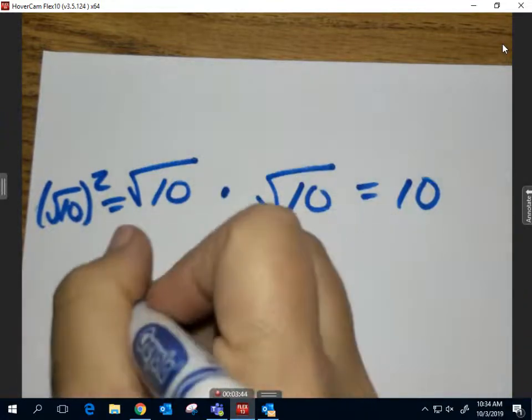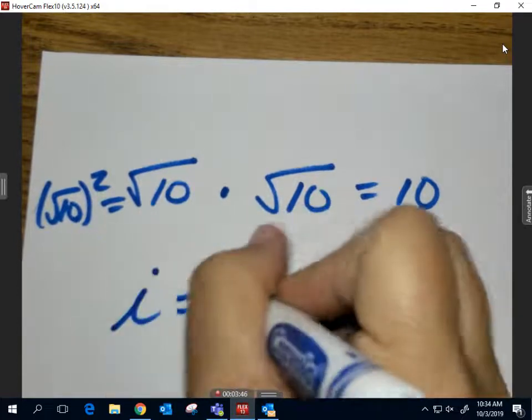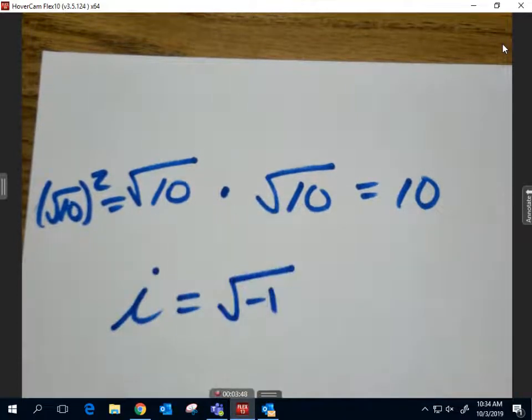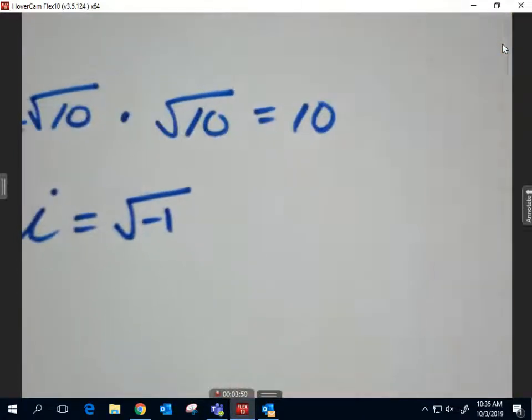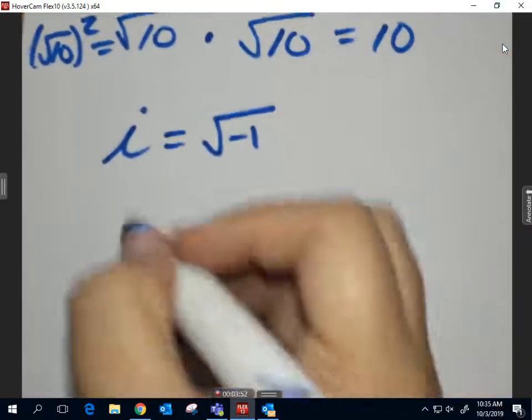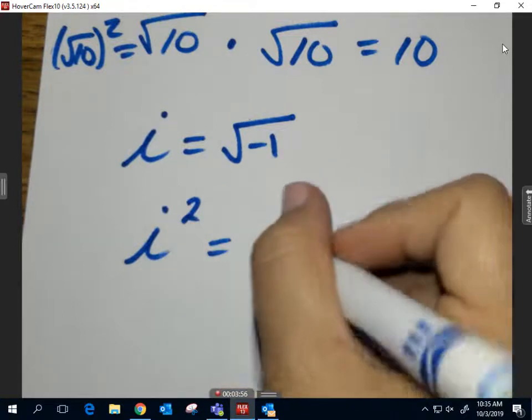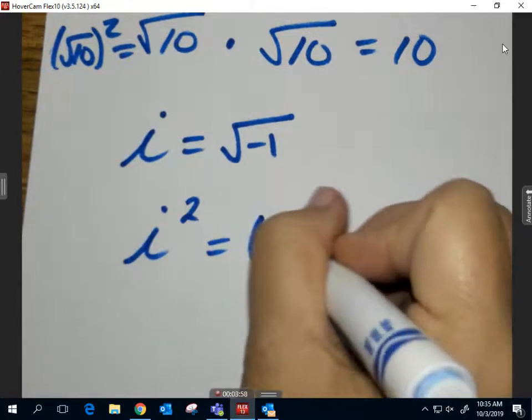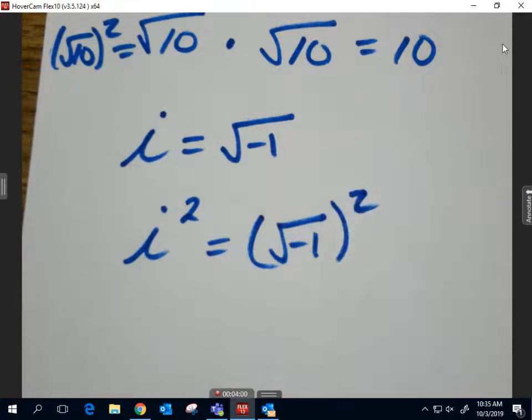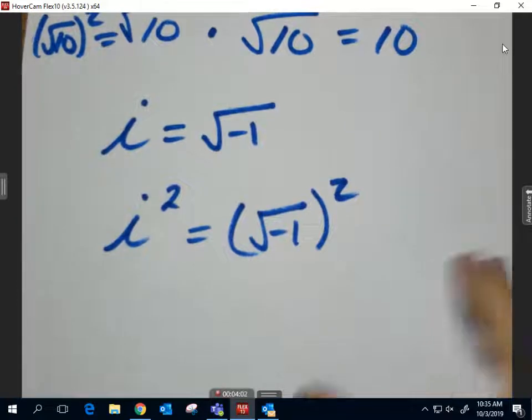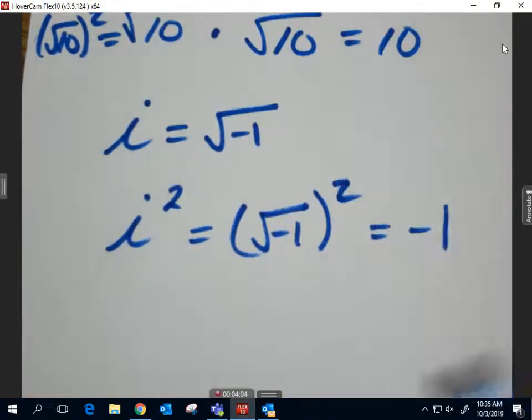So if i is equal to the square root of negative 1, and I'm asking you what i squared equals, that's just like saying the square root of negative 1, squared. So what does that equal? Negative 1.